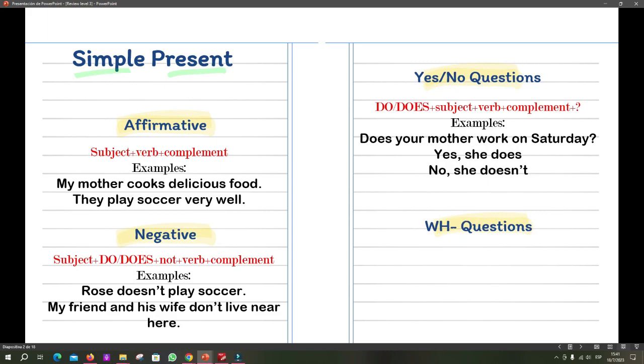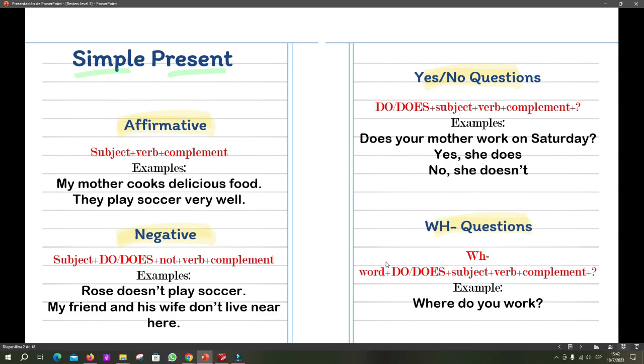Also, we can have WH questions. Remember, this is just a review, guys. You know this information. So, WH word, which, when, who, where, etc., right? Also, do and does. Plus the subject, the verb, plus the complement, and don't forget the question mark. Yes? For example, where do you work? This is a good one.